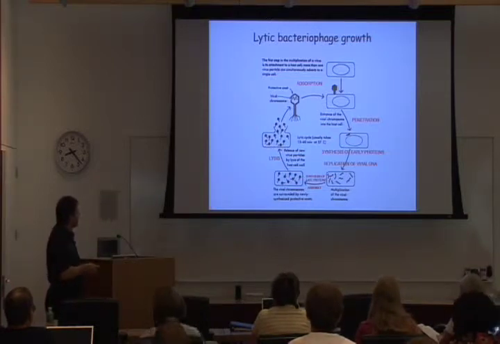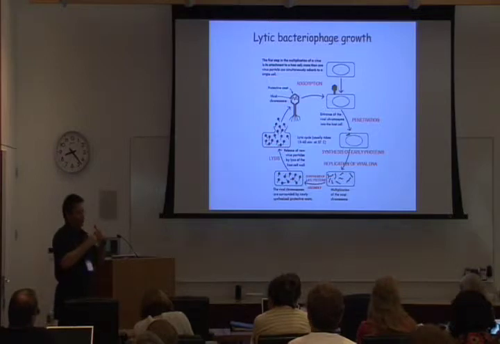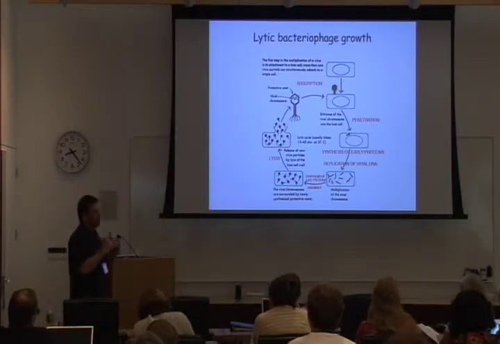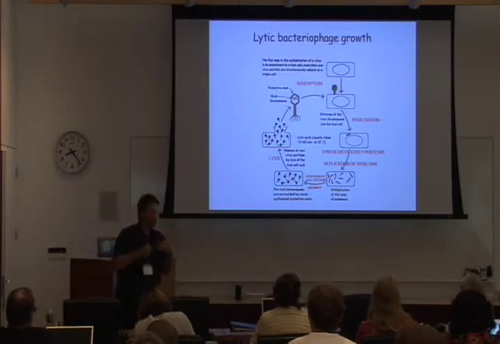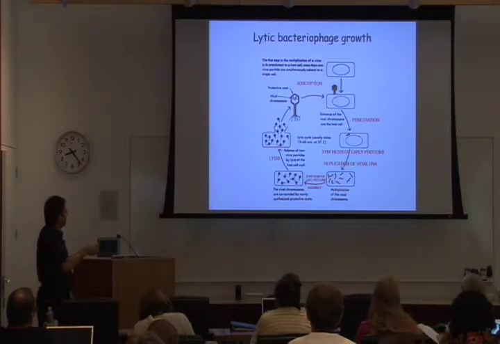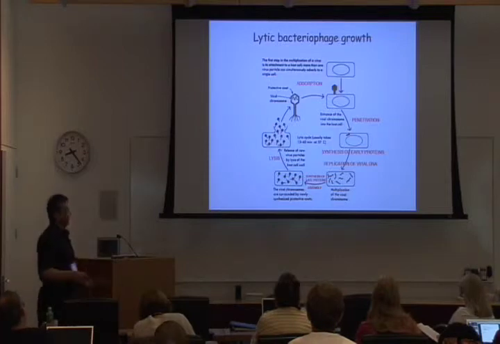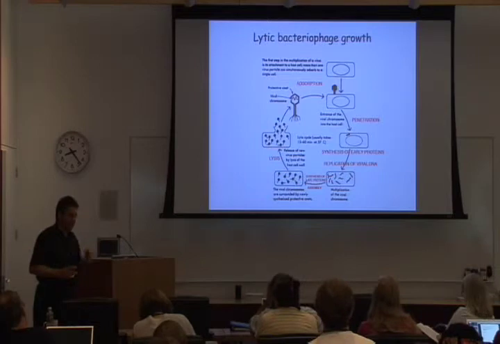The final step that has to happen is what is referred to as lysis, where the integrity of the membrane and the wall is interrupted, it is broken, and the baby bacteriophages, the progeny phages, get to exit the remains of the cell and go on and do the same thing all over again.